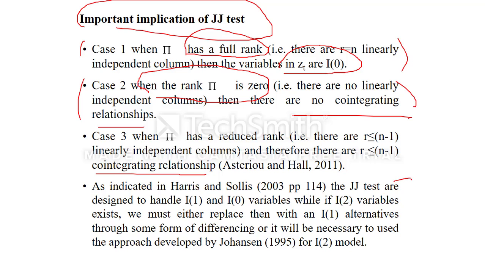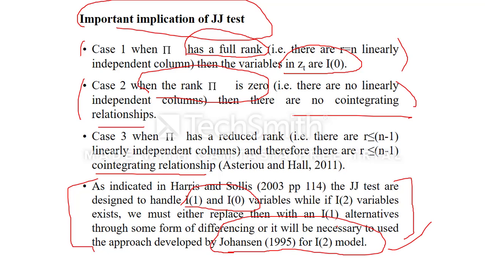This has been cited in Harris and Sollis 2003, saying that the Johansen test can handle I(0) and I(1), but for I(2) we either replace it with an I(1) alternative, or use a different approach as suggested by Johansen 1995 for the I(2) variable. But this is not the ideal condition for this chapter.